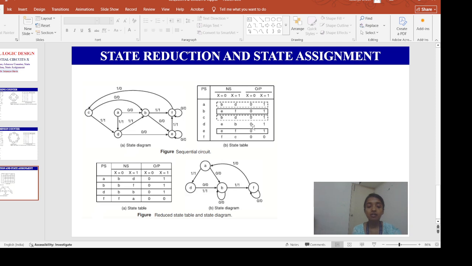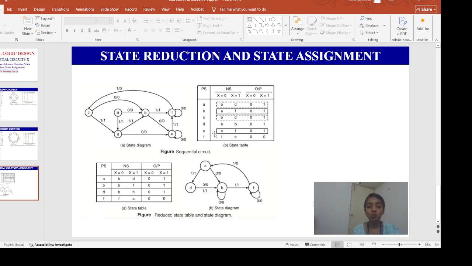In the given circuit, there are two input combinations, either 0 or 1. Looking at the state table for two present states that go to the same next state and have the same output for both input combinations, we can easily find that states A and C are equivalent, and also B and E are equivalent.